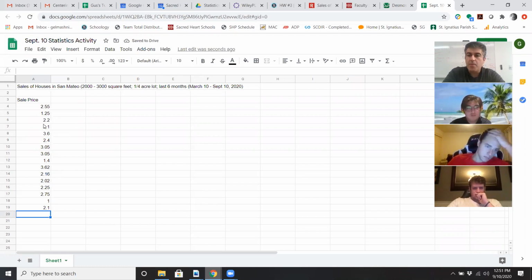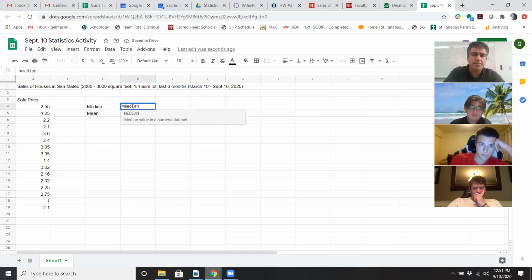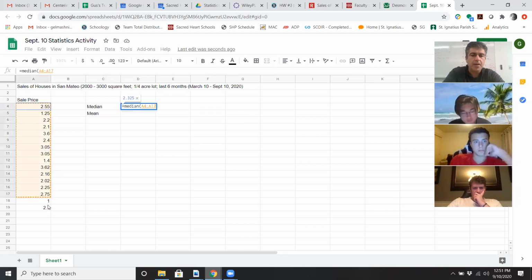Okay. So we have our sale price for 16 homes. Now what we're going to do is calculate the median and the mean. Really simple. Do equals median, highlight, 2.225. Now if I do the mean, I need to type average.